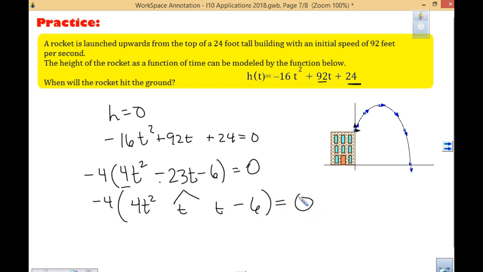What would I have been looking for? Some of you don't like taking the time for the AC, but the AC would have been 4 times negative 6. That's negative 24, which means it has to multiply to negative 24 and add to negative 23. I'd go with negative 24 and 1, right? Because that adds to negative 23. To me, this is easier, but some of you will prefer to not do it this way. You will just plug it into the quadratic formula.